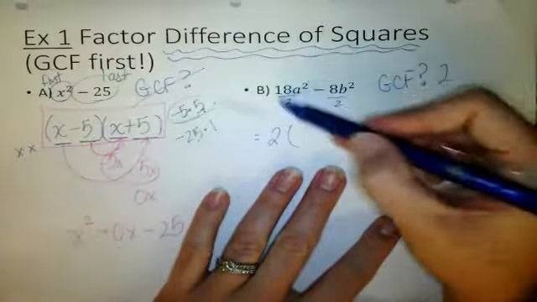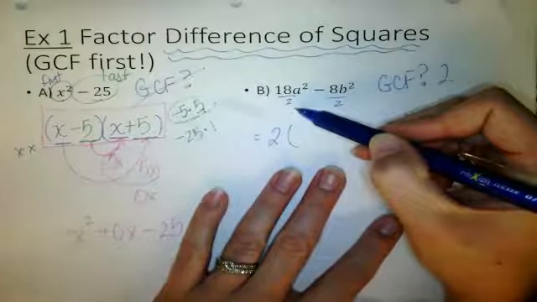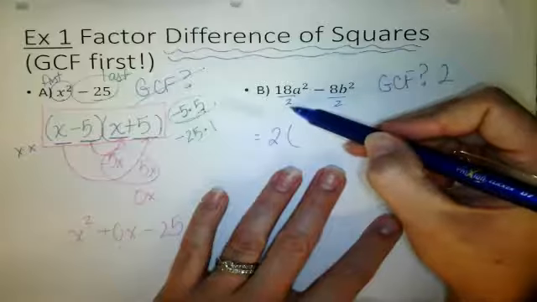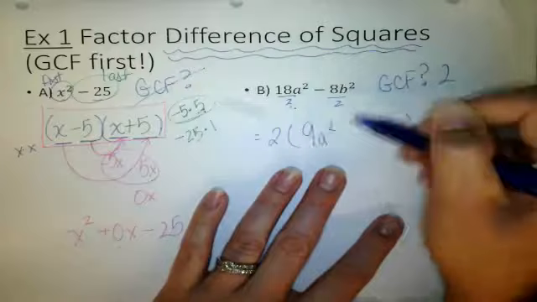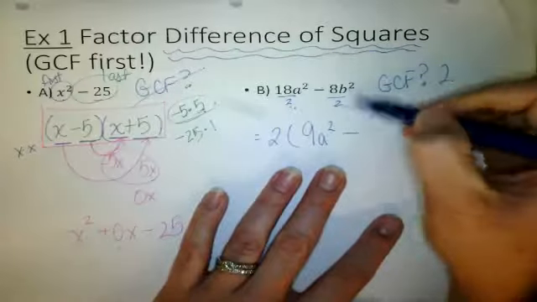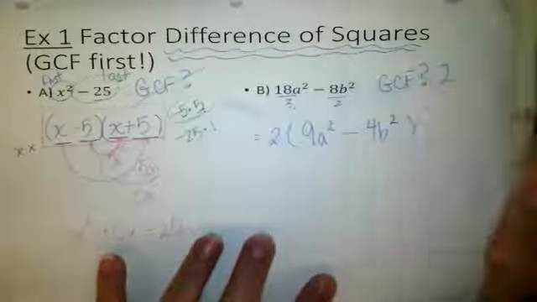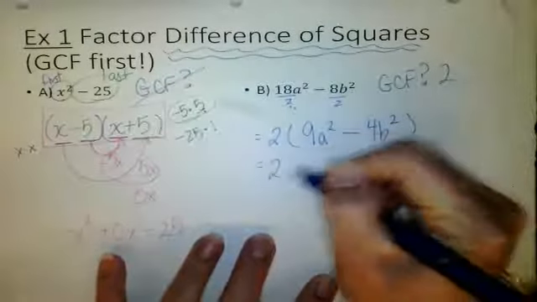All right, how does this clean up when we take out the 2? 18 divided by 2 is 9a squared. 9a squared minus, and then here, 4b squared. Very good.